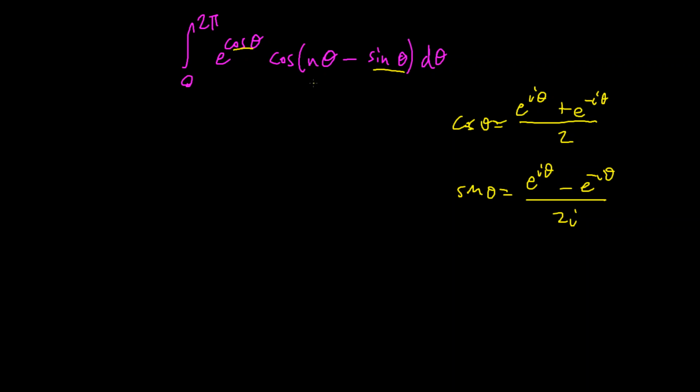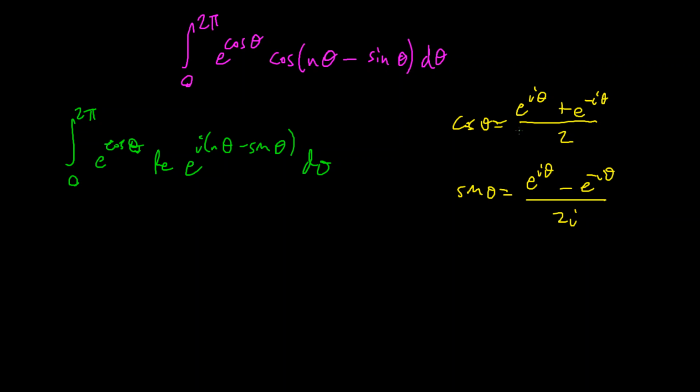So for these, I'm going to use these definitions here, but for this cosine, I'm going to take a shortcut and say that it is the real part of e^(i(nθ - sin θ)).